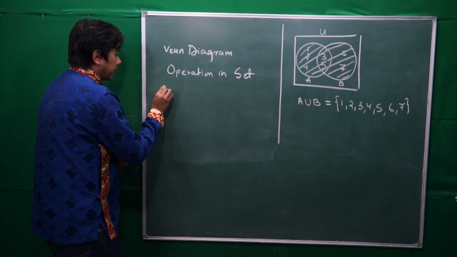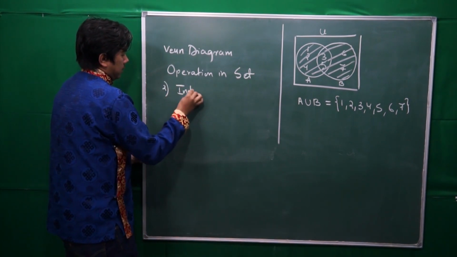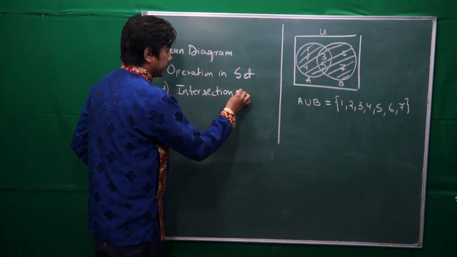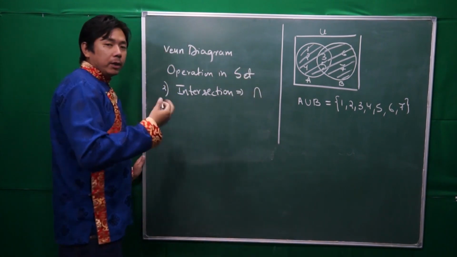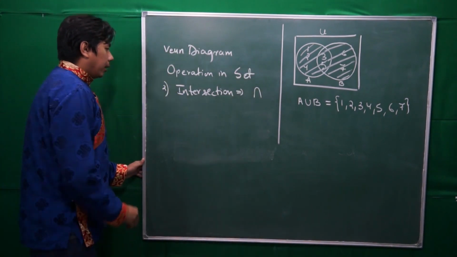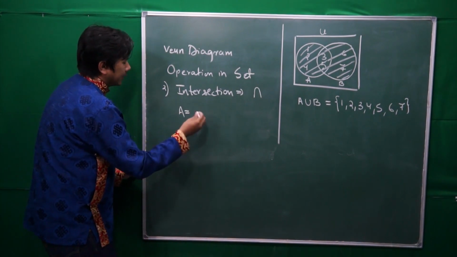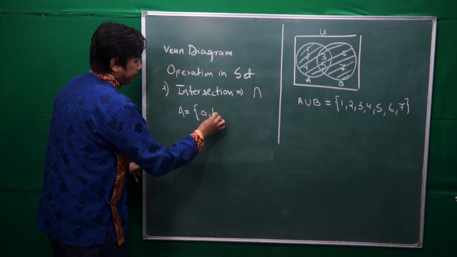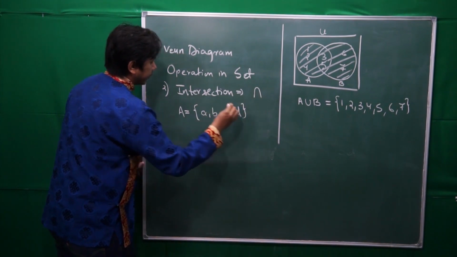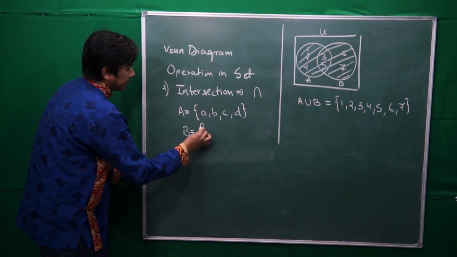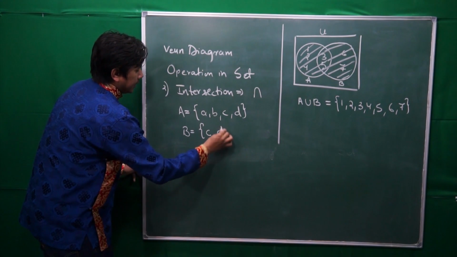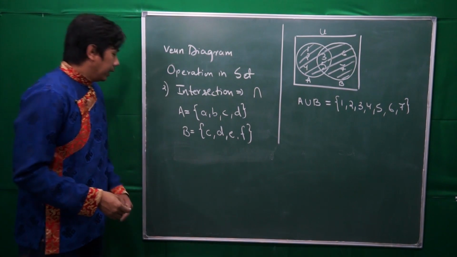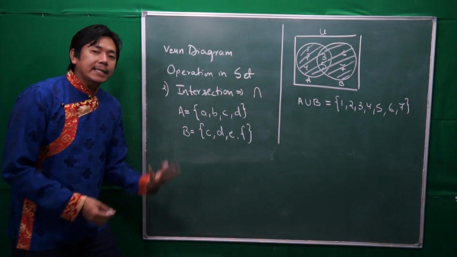The second operation is intersection, and it is represented by an inverted U. Now I've got a set A. Let's say set A has elements A, B, C and D. Similarly, set B has elements C, D, E, F. Now what happens in intersection?